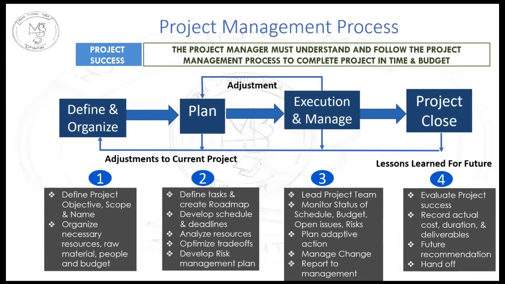But for that matter, if you remember, in one of our previous lectures we said that you should have buffer zones like 10-15% plus or minus, in terms of resources, finance and time. So that's what we mean by adjustment. And this adjustment is done to make sure that the project is completed within the resources and within the time period.